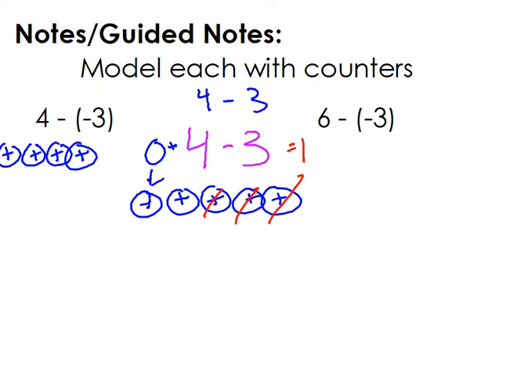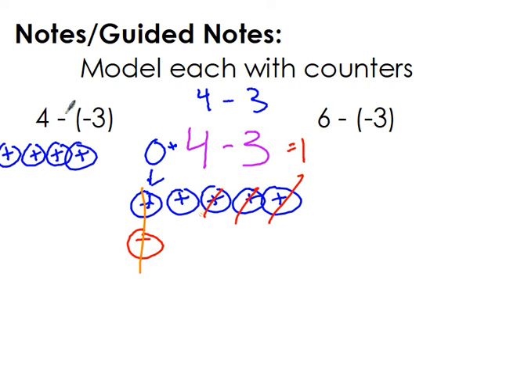If I add a positive chip with a negative chip, that's considered a 0 pair, because a positive counter and a negative counter combined equal 0. So if I add 0 to my counters, it won't change the value, and it's still going to be 1, because if I cancel these out, I'm still left with positive 1. You're allowed to add 0 in math to anything you want, and sometimes it lets you take away things that weren't there in the first place.